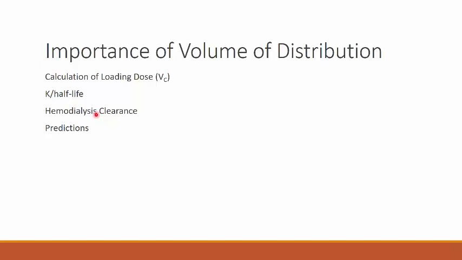So that's going to just take a lot of time, and therefore it probably won't be eliminated very quickly, because you're only on dialysis 3 or 4 hours, and it's going to take time for the drug to move from the tissues into the plasma. So if a drug has a very large volume of distribution, it is unlikely to be dialyzed very effectively.